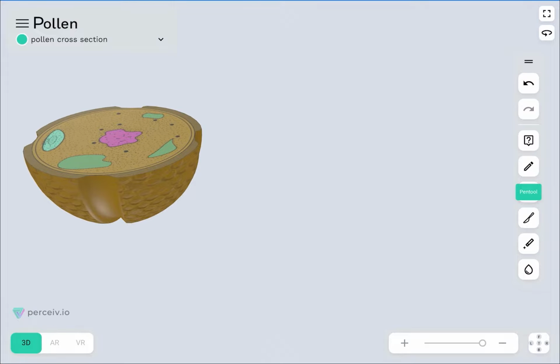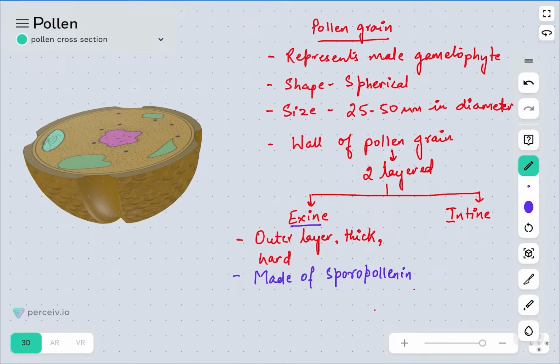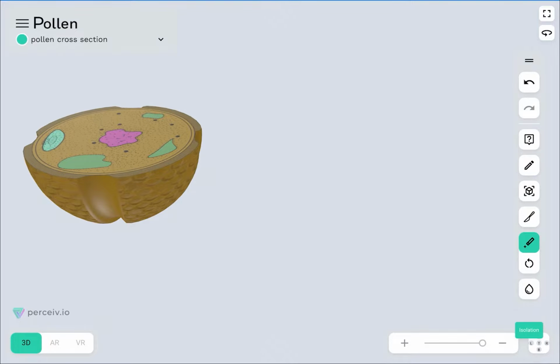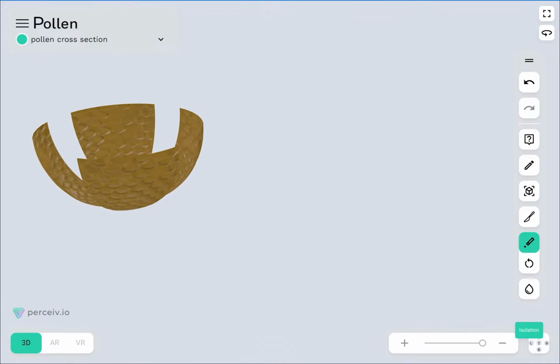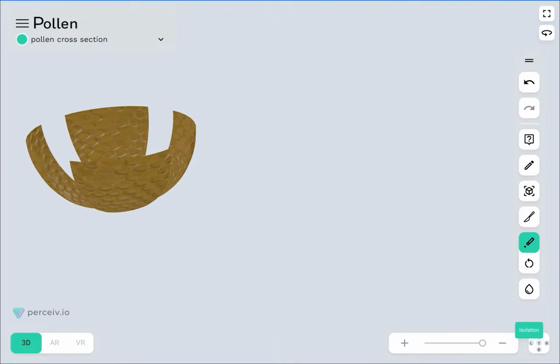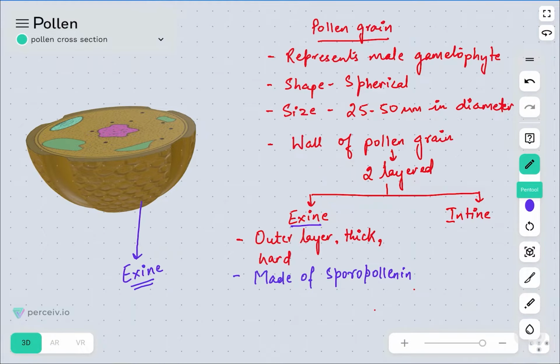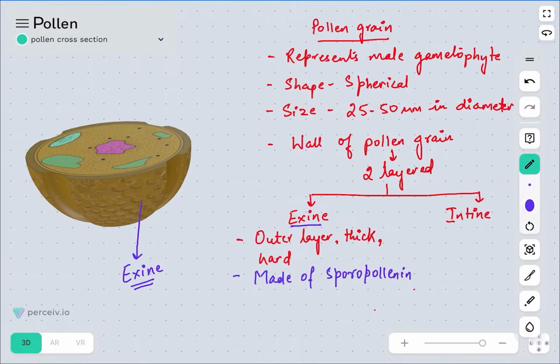If I isolate and label this part, we can consider it the exine part, which exhibits a crusty nature and fascinating patterns and designs. If I isolate only this part, you can see it is made of crusty nature. That's why this is considered the exine layer.